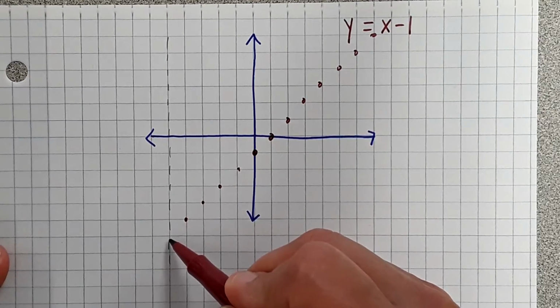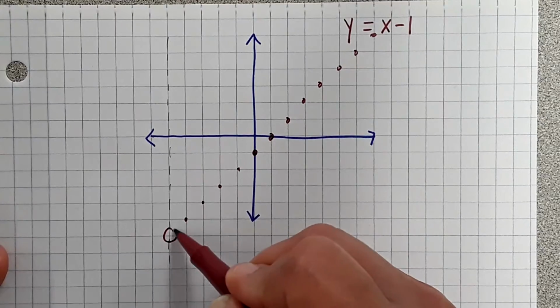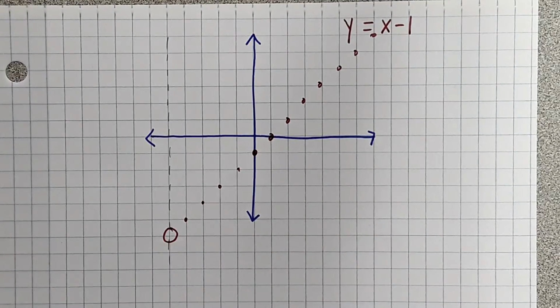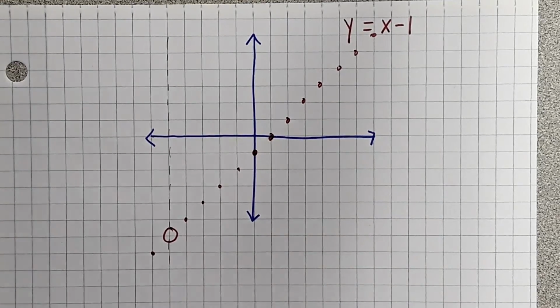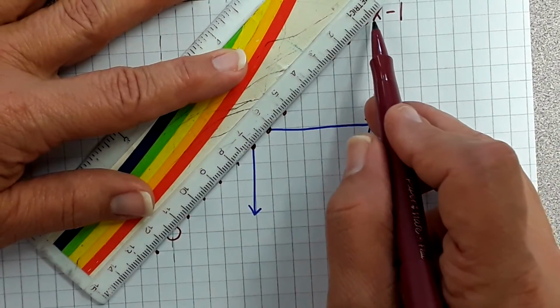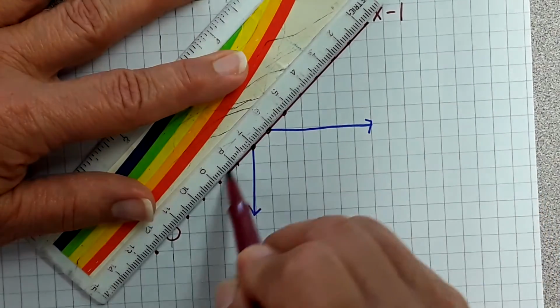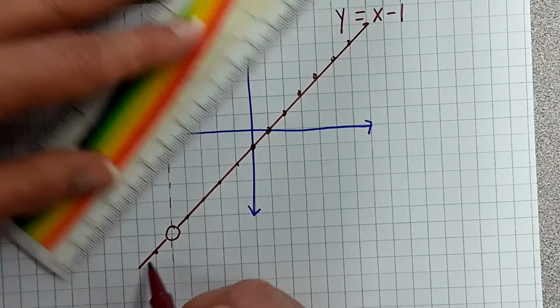I'm about to cross my vertical asymptote. I didn't make my graph big enough, but in your homework, your graph will always be big enough to show that point of discontinuity. And then I'm just going to connect those dots. And now, when you get to the point of discontinuity, you don't go through it, you guys. You kind of just stop.